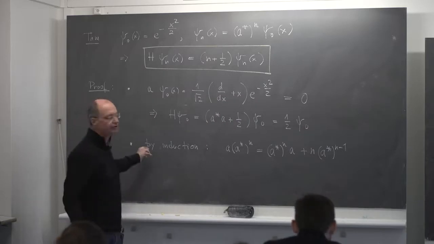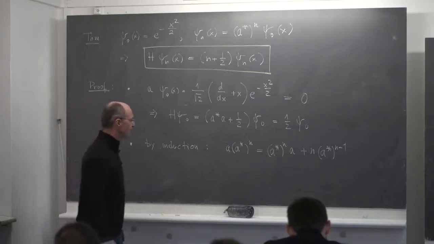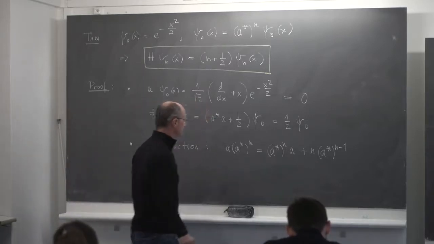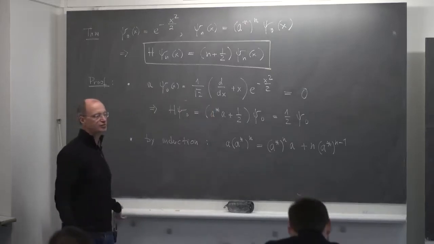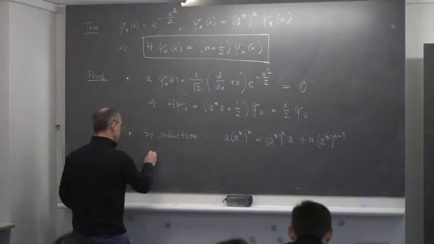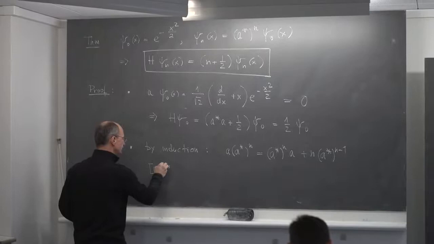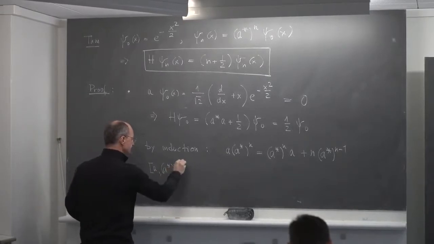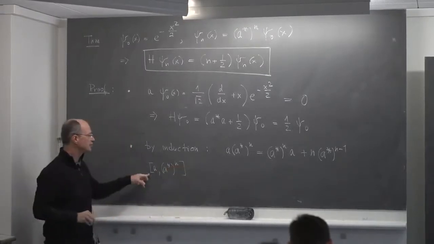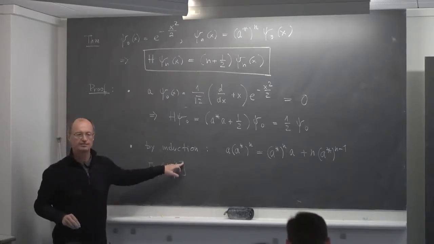I actually let you prove it by induction as an exercise, and maybe I just give an indication of a somewhat more elegant algebraic proof. So let me rewrite it in the following way. So I want to compute the commutator of a with a star to the n, right?